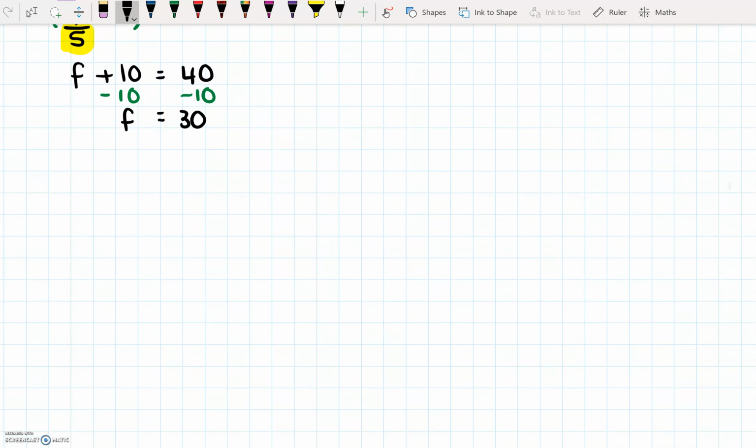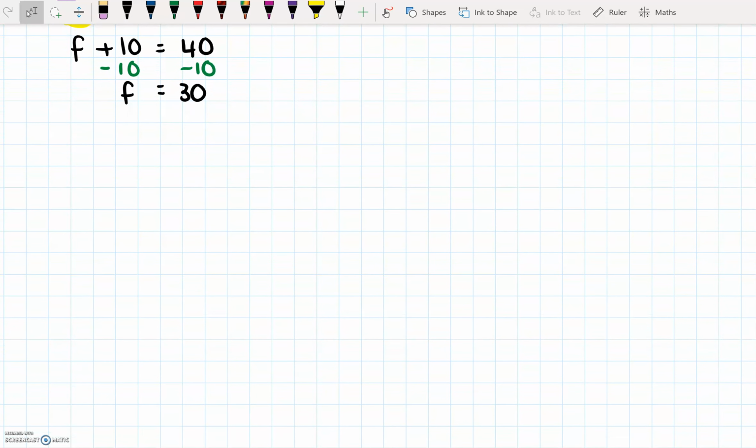All right, let's try a slightly harder one. So we will keep it fairly straightforward. If we have x over 4 equals x over 5 minus 19. Okay, so again, we have a fraction and it's on both sides this time.